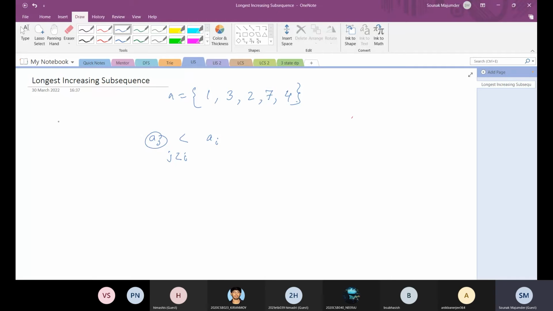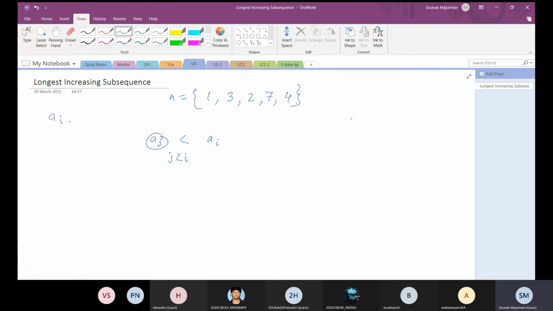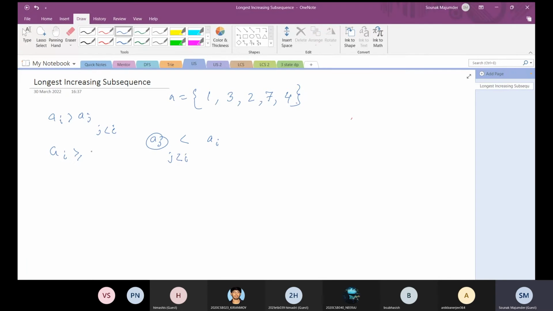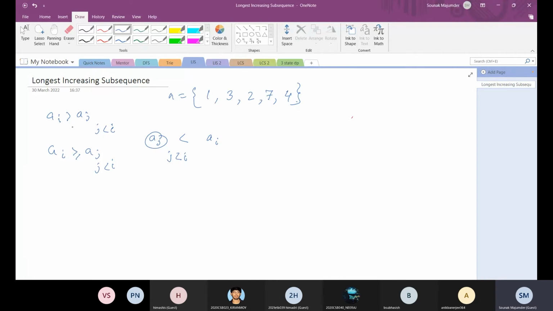Another thing, there are two forms: longest increasing subsequence and longest strictly increasing subsequence. Strictly increasing means a of i is greater than a of j for all j less than i, and for the non-strict longest increasing subsequence, a of i is greater than or equal to a of j for some j less than i. We are just focusing on this one.